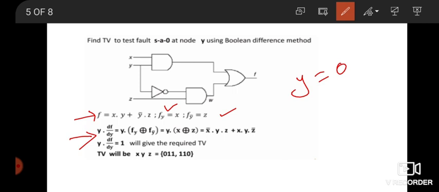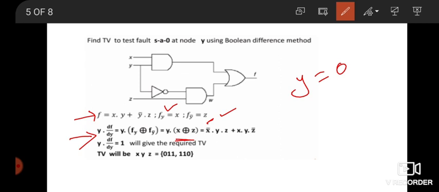Based on this, we can find the remaining possible lines in the circuit. So y dot, what is the Fy value? x. Then XOR, what is the Fy bar value? z.